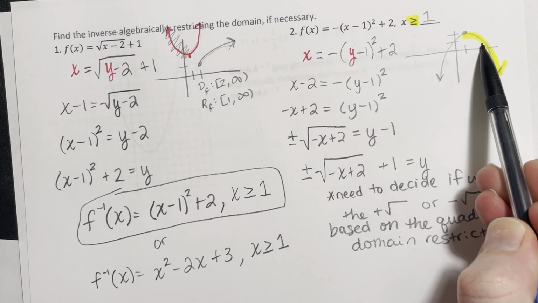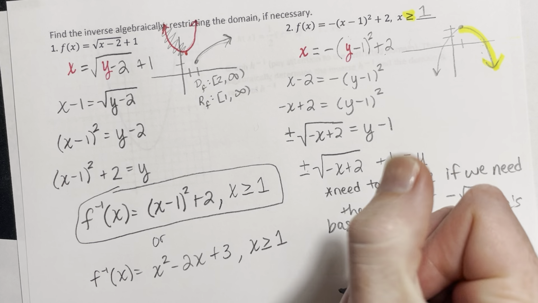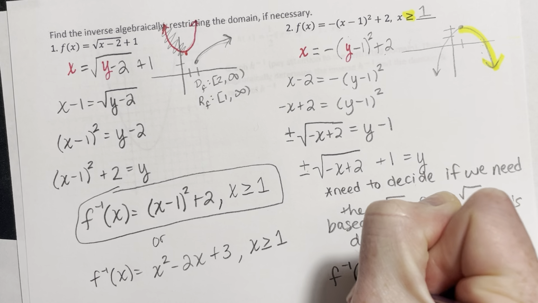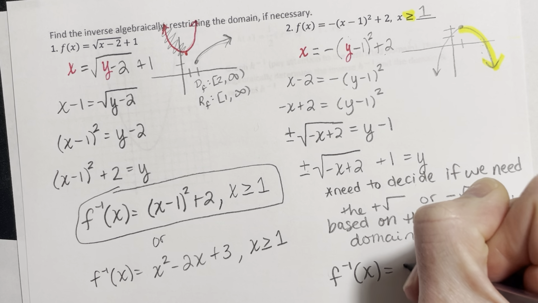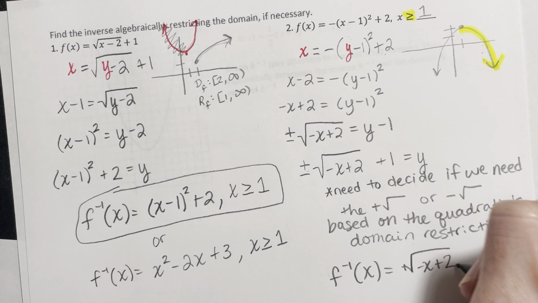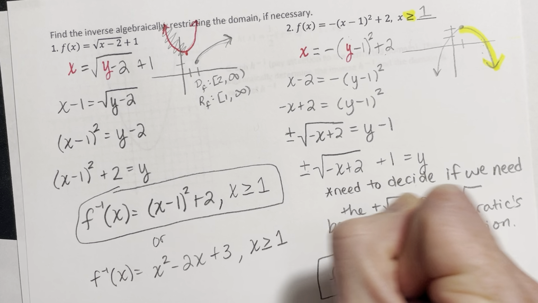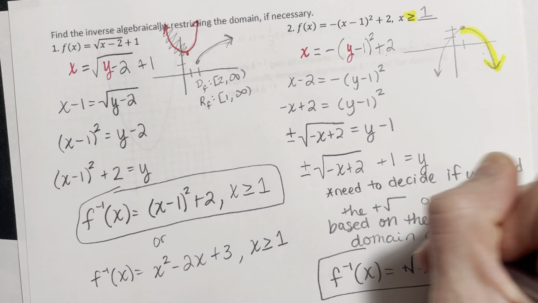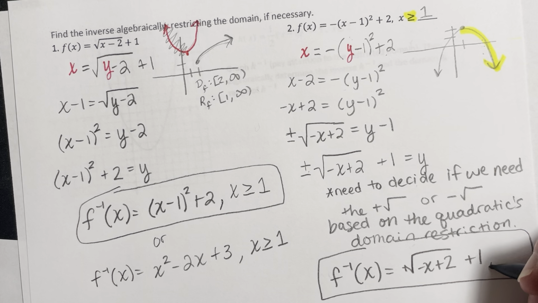We restricted it to the right side of the parabola, which means that f inverse of x would be the positive square root of negative x plus 2, plus 1. And we can put in that domain and say, well, this would happen as long as x is less than or equal to positive 2.